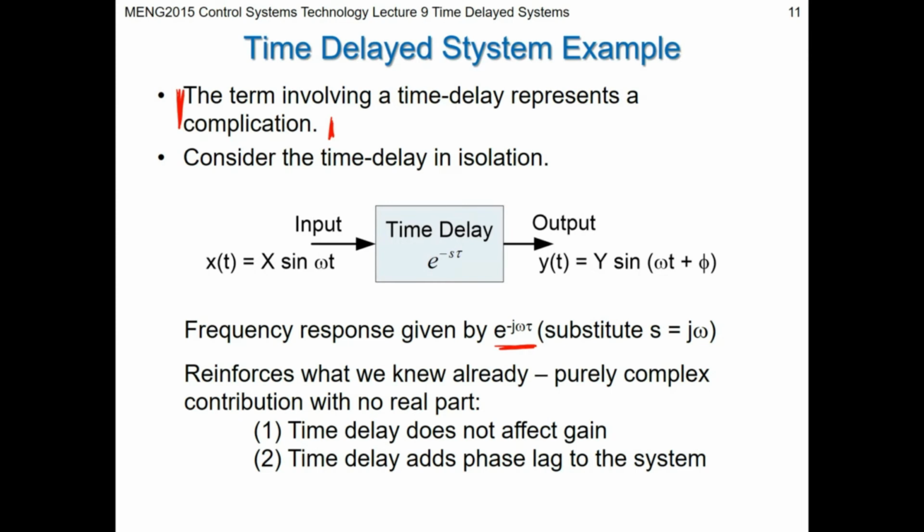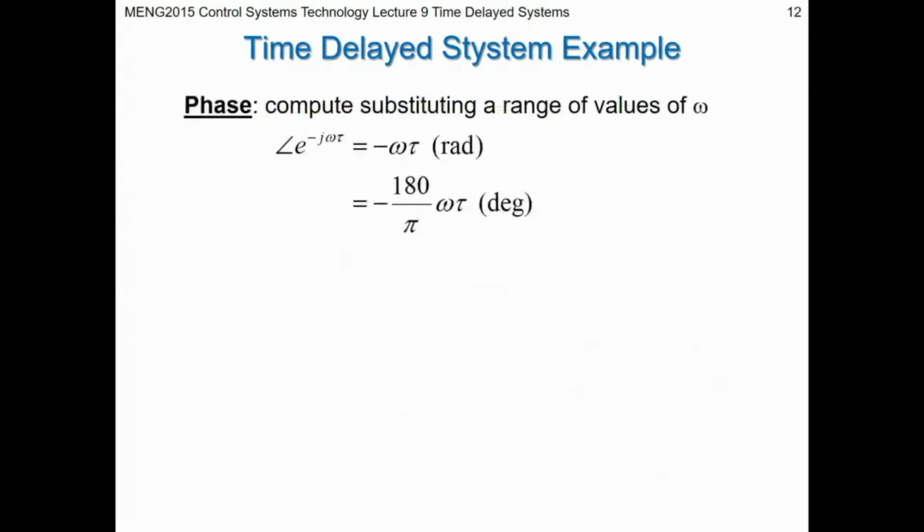So this reinforces what we already know, that this is a purely complex contribution with no real part. And so that again reinforces the fact that because it's just purely complex, it doesn't have a real part, it's not going to affect the gain. But because it's complex and it has an imaginary part, then it is going to add this phase lag to the system.